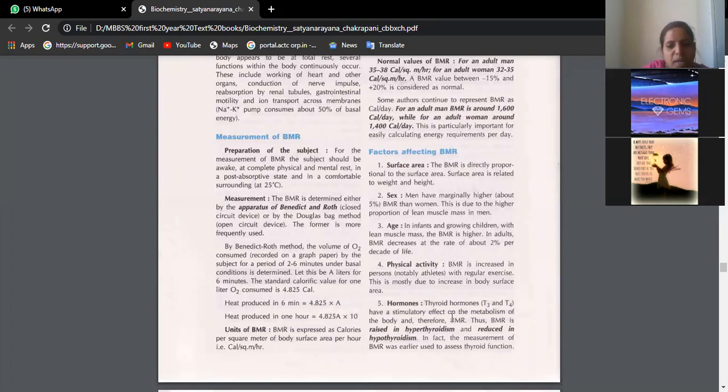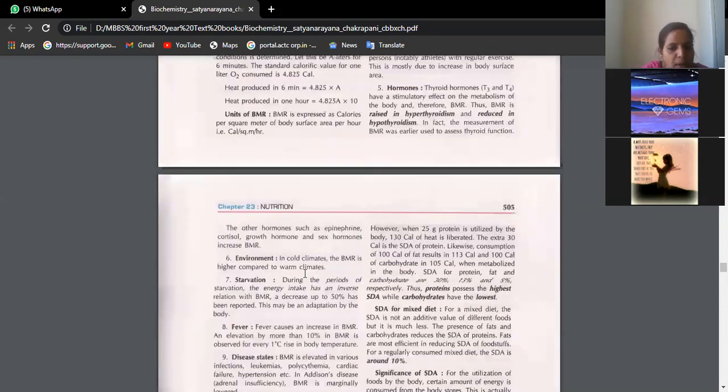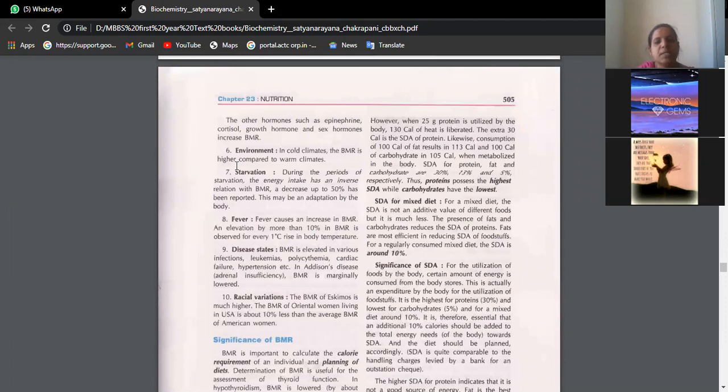So hormones, as Imad was telling, thyroid hormones have a stimulatory effect on BMR. That's the reason previously BMR was thought to be nothing but the function of thyroid hormones. Initially, in fact, measurement of BMR was used to assess thyroid function. Then in cold climates, BMR is higher because heat production will be high. Starvation: energy intake has an inverse relation, that means we are eating less, so heat production is also minimized. Fever: BMR is high.